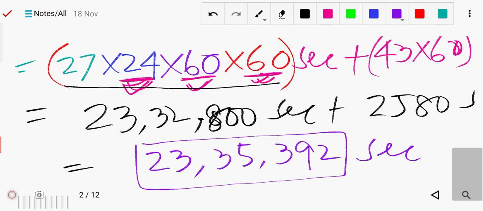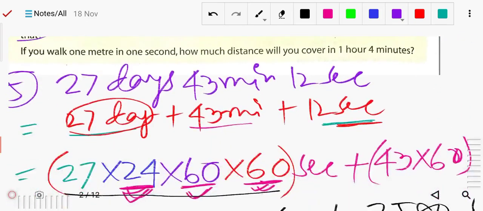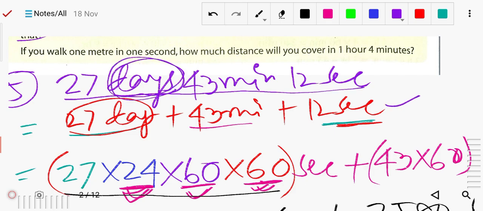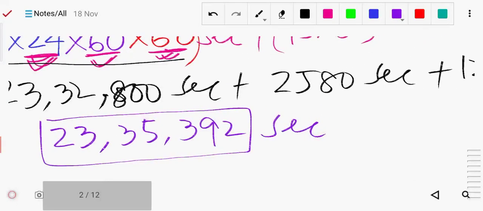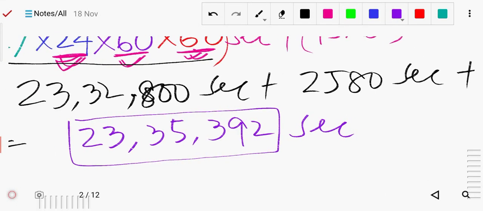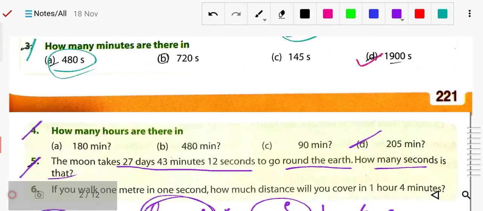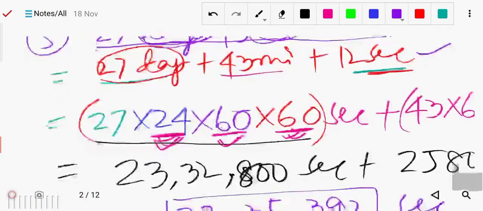Here is the most important thing what we have done. First of all, whatever the question is given, we write in the plus form. Then we changed day to the second, minute to the second, and multiplied it. You can see the simplifications we have done, and after that we added all these values, and this is the answer.